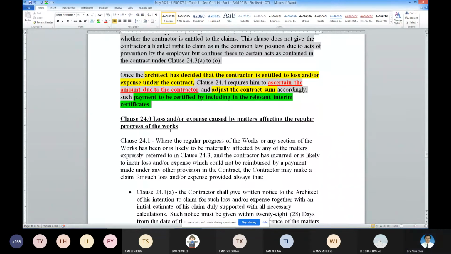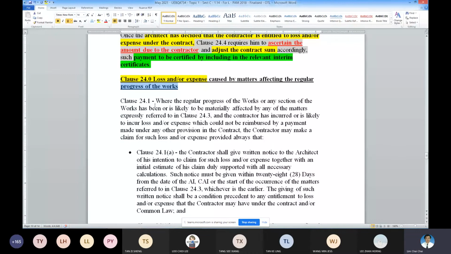Okay, so now we go back to these details we have covered already. I'll go through this once more. In order to be entitled to loss and expense, it must happen this way: the regular progress of the work of any section is affected.